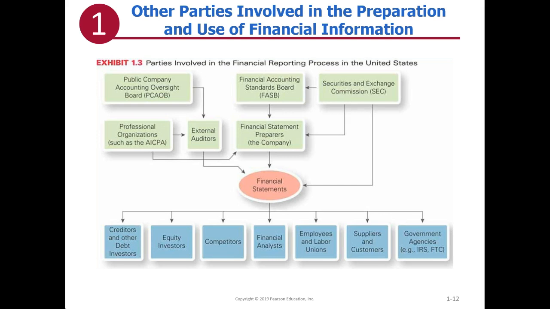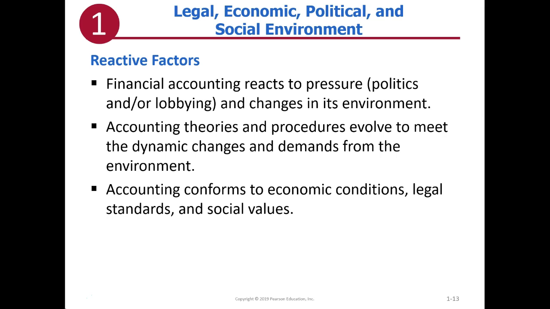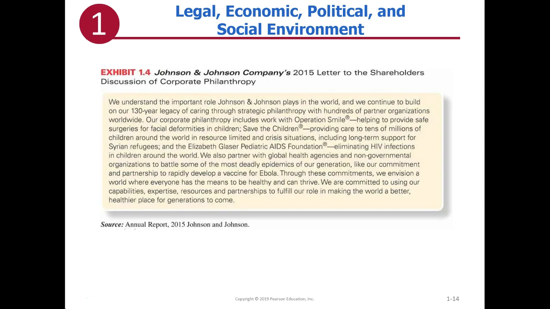And there's one more thing we should consider, and that is legal, economic, political, and social pressures that actually drive part of the financial reporting environment. And so there's lobbying that goes on, there's theory, believe it or not, and there are economic conditions that play a role. In addition, right now we have a drive towards corporate social responsibility.